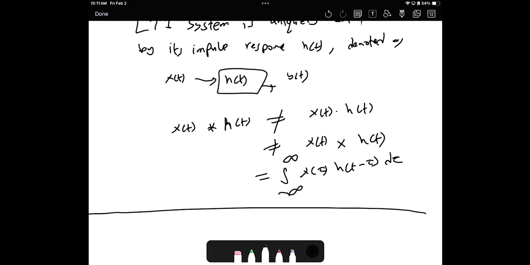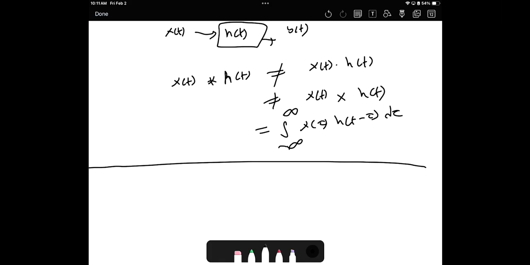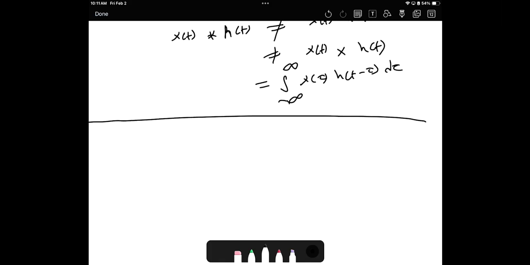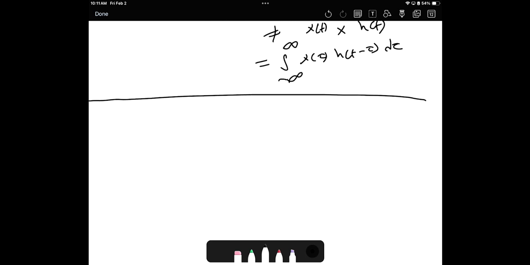Now, let's discuss some convolution properties, some important properties for the convolution, which is, I think, around 10 to 11 properties. These properties are important.